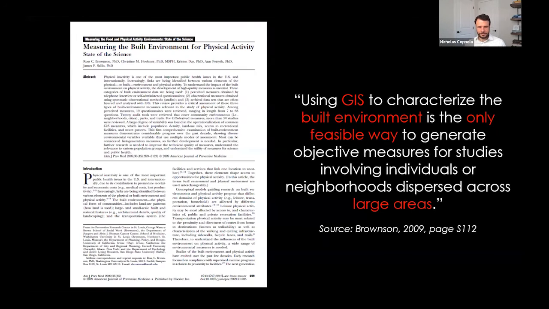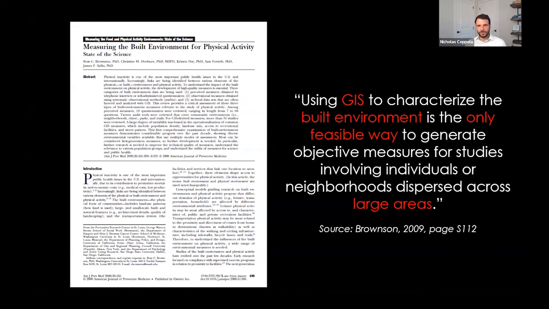So the reason why we wanted to make use of this is it's noted very well in prior research as well that GIS and geospatial data is almost necessary to be able to analyze and gain a better understanding of large areas.